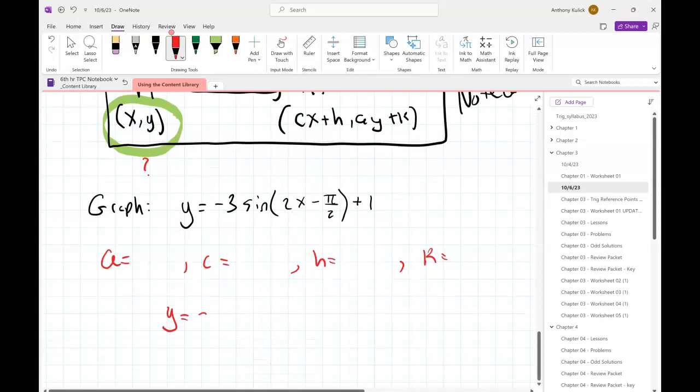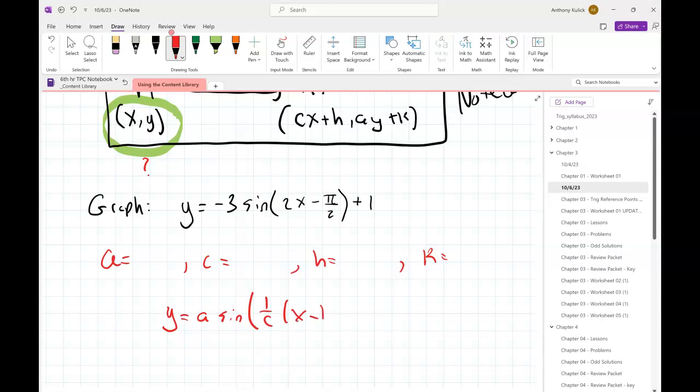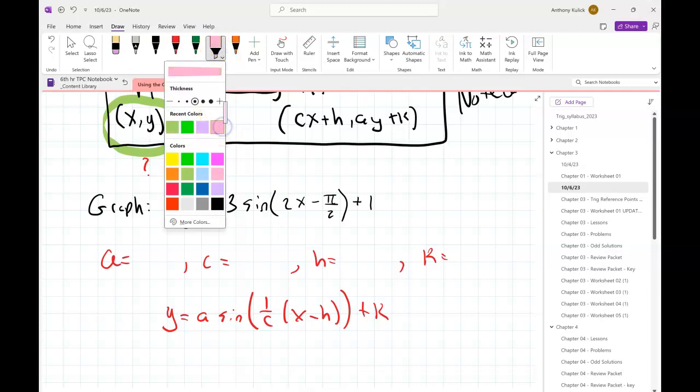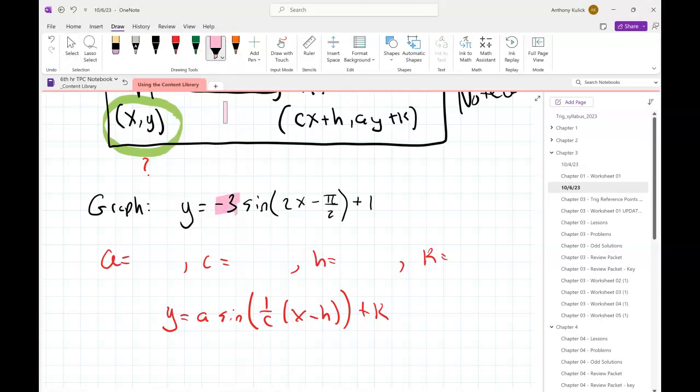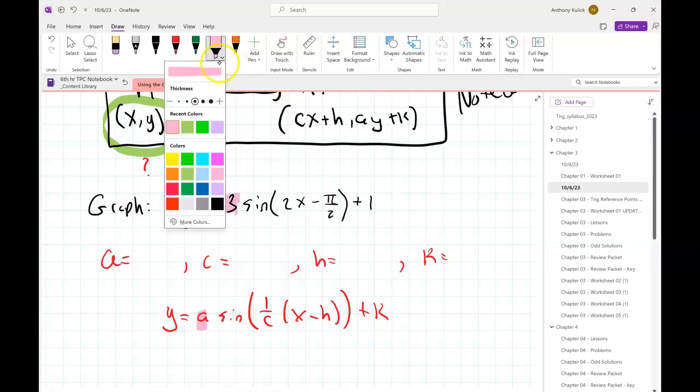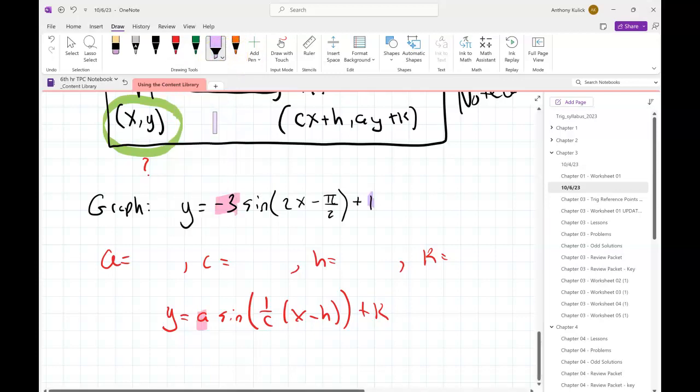So again, the general resultant function for sine looks like this. Right away, I can see that my A should be -3 and my K should be 1. Everybody's okay with that?